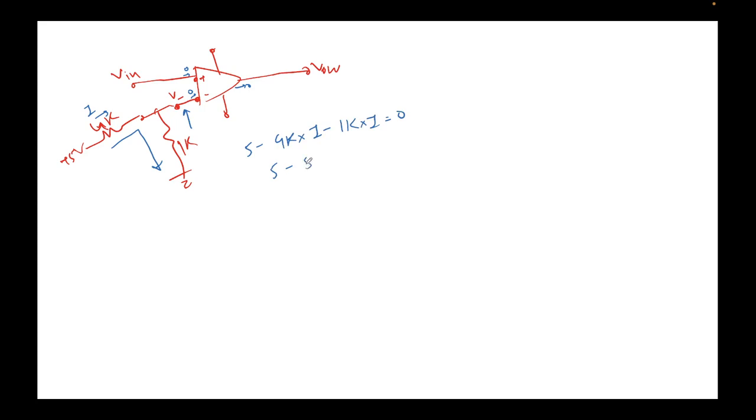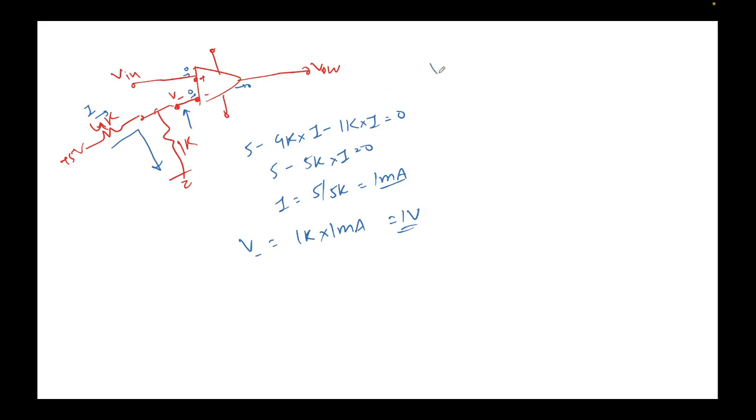This means 5 minus 5k times I equals 0, so I comes out to be 5 over 5k, which is 1 milliamp. Now I need the voltage here: V minus equals 1 kilo ohm times 1 milliamp, applying Ohm's law across this resistor. This comes out to be 1 volt. Very good, so the reference voltage is 1 volt.